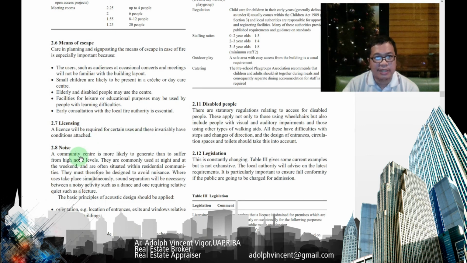Then, let's look into this one, the means of escape. Look into the National Fire Code. I think it's revised in 2008. So just search for it and look for the specific provisions.